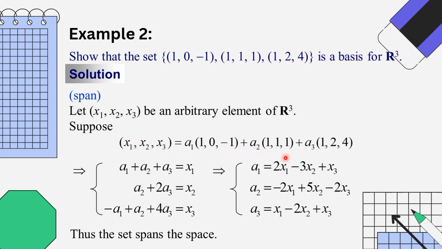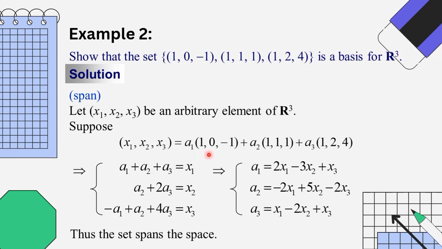Now let's proceed to x sub 2. Here, x sub 2 is equal to a sub 2 plus 2a sub 3. How did we arrive at these values? Since we are considering the second element, we multiply our scalar quantities a sub 1, a sub 2, and a sub 3 by the second element of each vector.